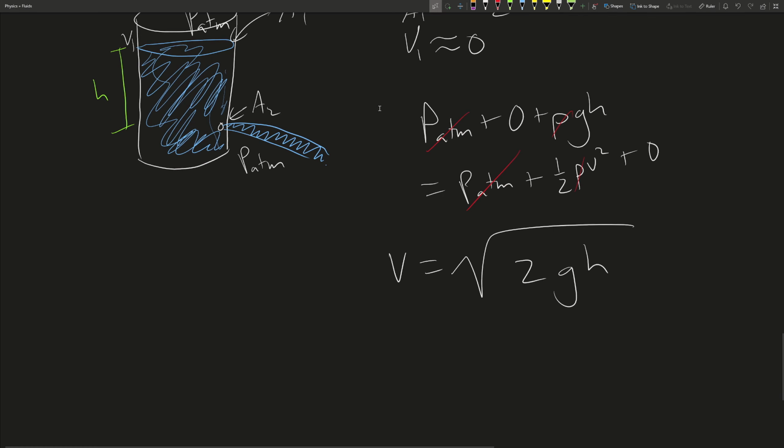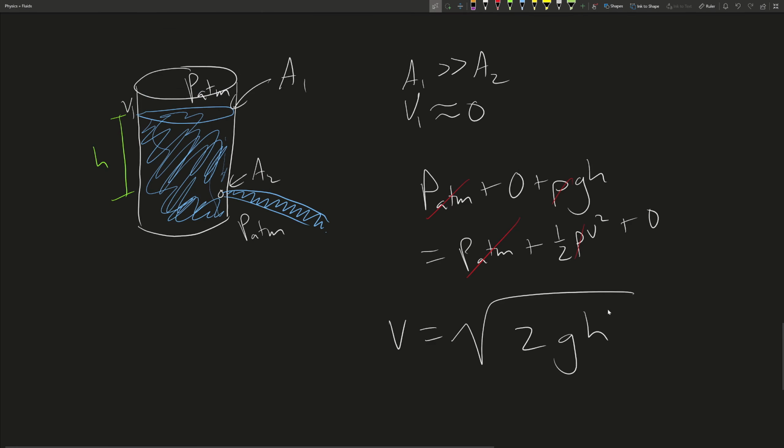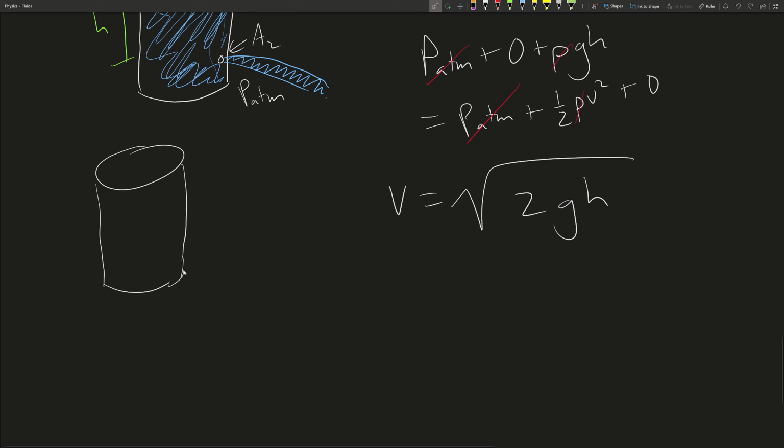And so the velocity is proportional to the square root of the height underneath the surface, which means that if you have an outlet that's much higher than an outlet down here, this outlet falls like that when filled with water, whereas this outlet goes further because it has greater velocity.